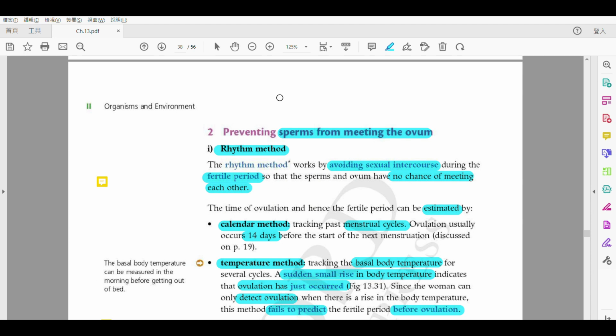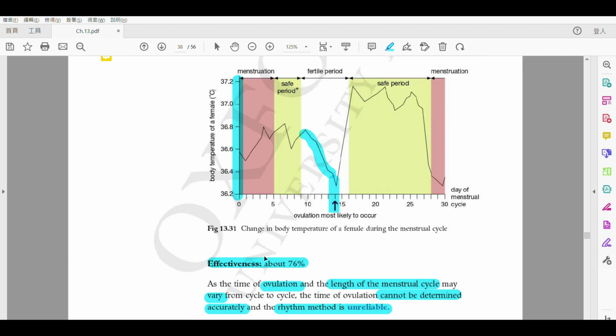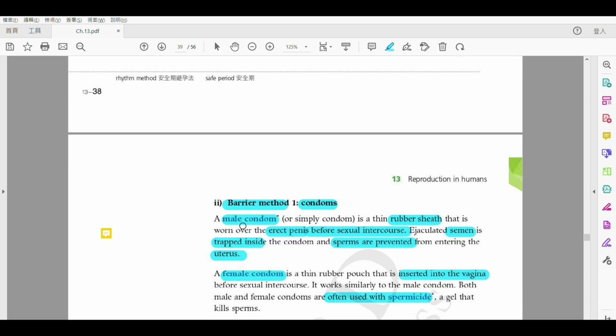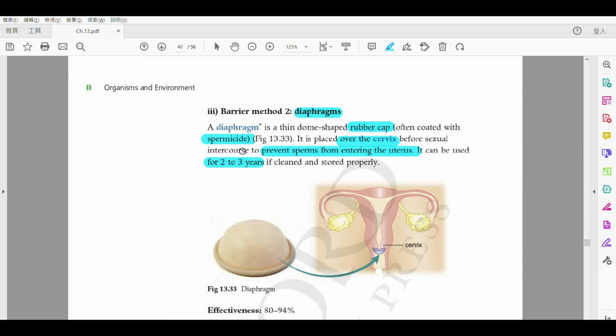The first one is very unreliable, the Griffin method, where you use the calendar method, temperature method, or even test mucus changes. But this is not really reliable. We also talk about two barrier methods. The first is the condom, male and female condoms, and the next is the diaphragm. All of them also have spermicide to kill the sperms.